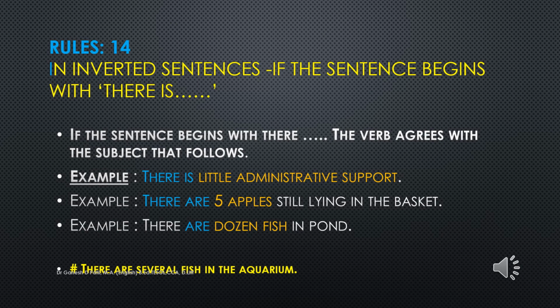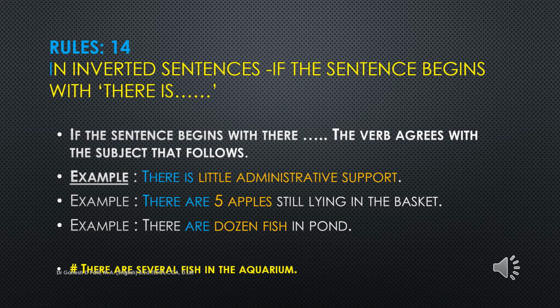In inverted sentences, if the sentence begins with there is, the verb always agrees with the subject that follows. There is little administrative support. There are 5 apples still lying in the basket. There are a dozen fish in the pond. You can see here, there is agrees with little administrative support.